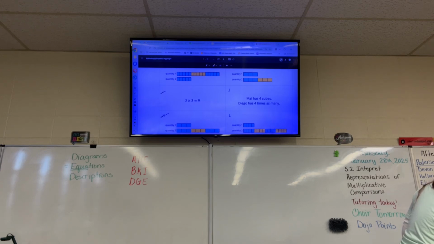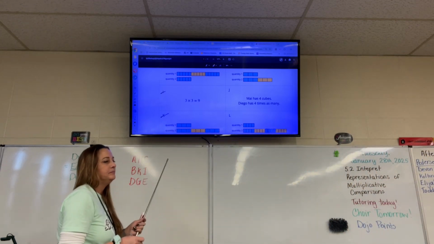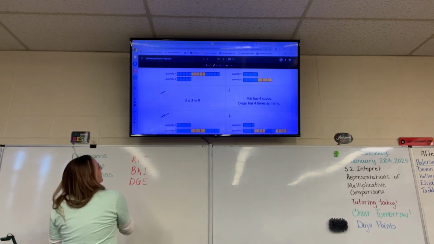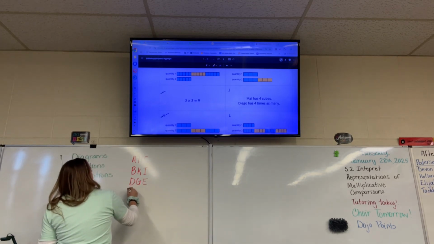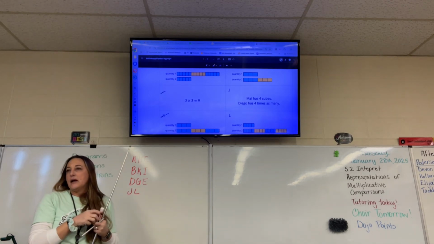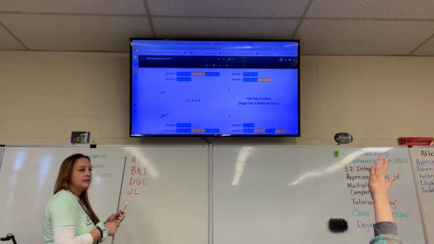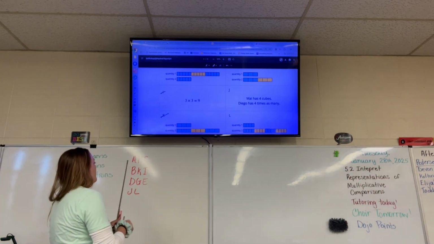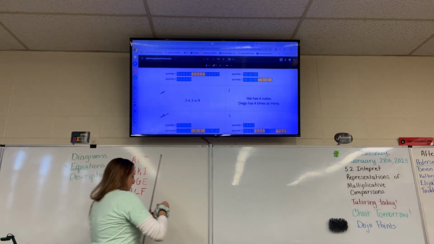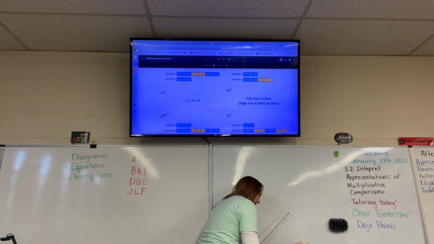This is a diagram. So as for the diagram, which is the diagram? L is the diagram. Okay, so we have J, L, and then what is the equation that goes with it? Colton? F. Okay, so we're going to have J, L, F. Those 3 go together.